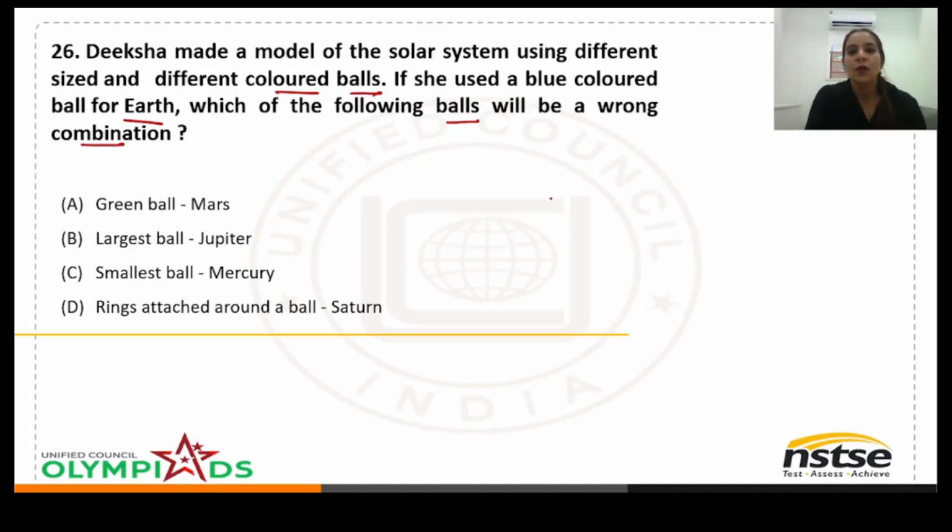I hope you all know about it, but before looking at the options, I am going to tell you something about the solar system. So basically, what is the solar system? The solar system comprises the sun, and along with that we have the planets revolving around it.